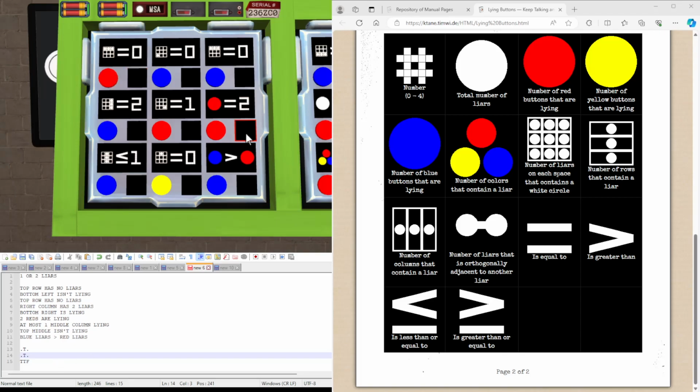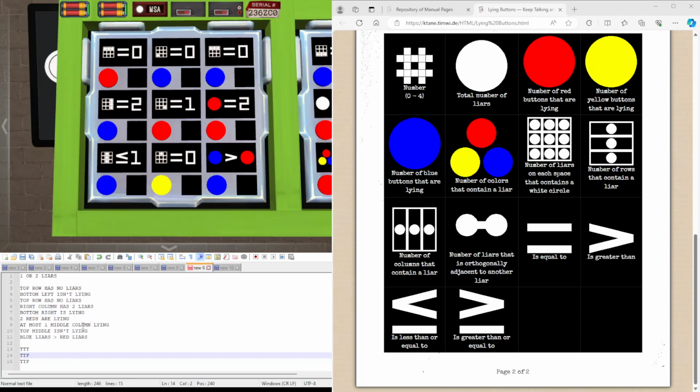So the only chance for red to have two telling lies is if this one and this one are telling lies. But then if this one's lying, then this can't be the case. So maybe let's set that one to false, which then implies this one has to be true. Which tells us that there's no lies in the top row, which makes that one true. And as we can see here, the last column has two liars, so that's true as well.